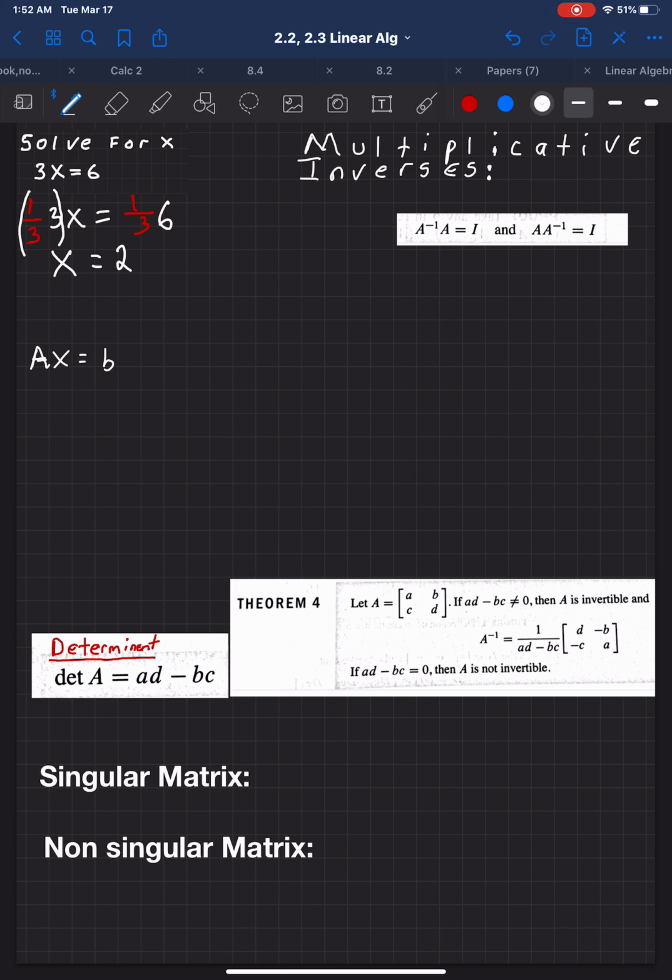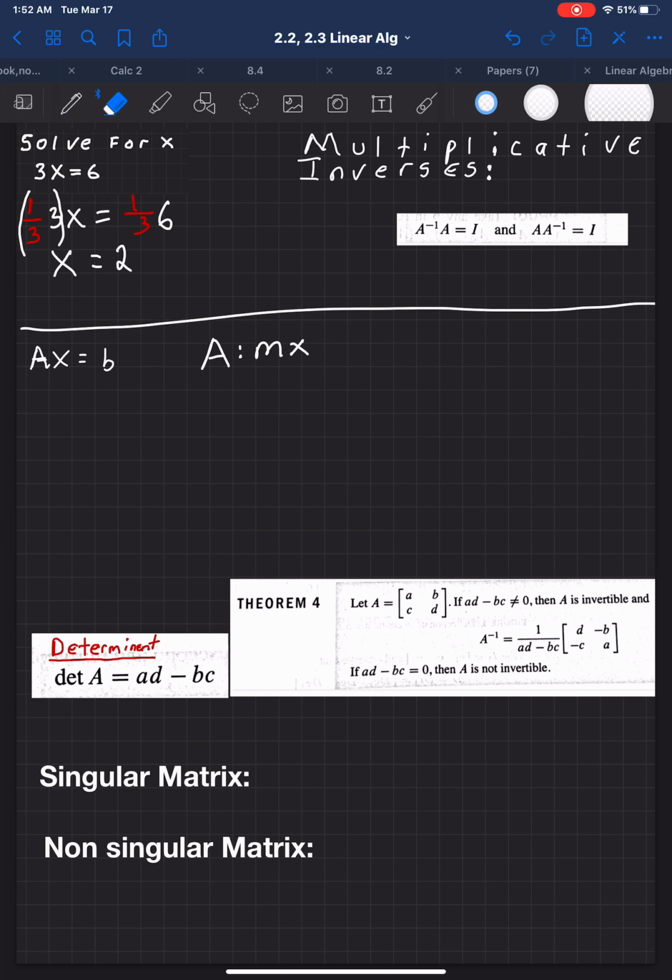So let's establish some things. In this example, A represents some matrix, and we'll come back to the order.